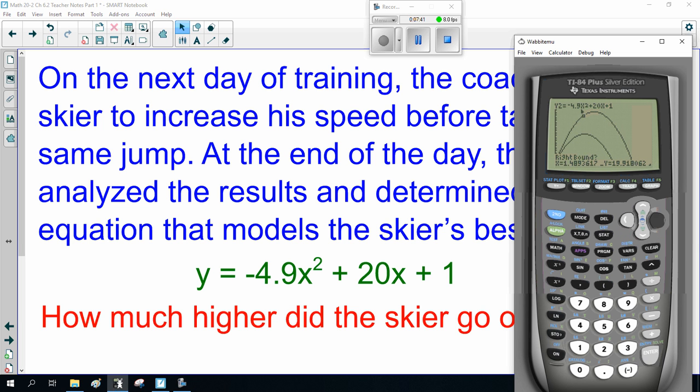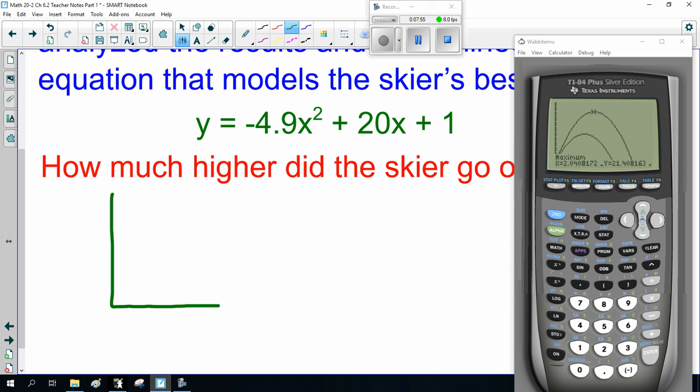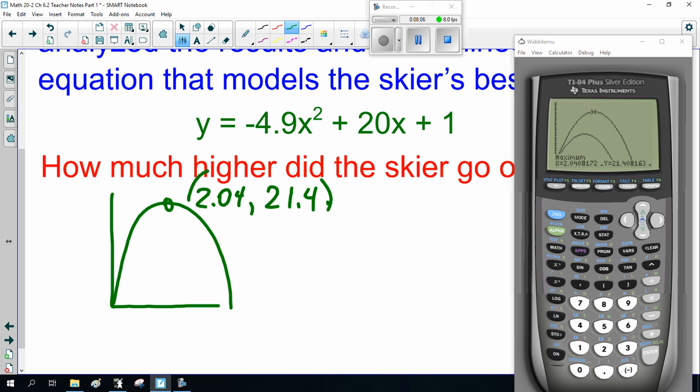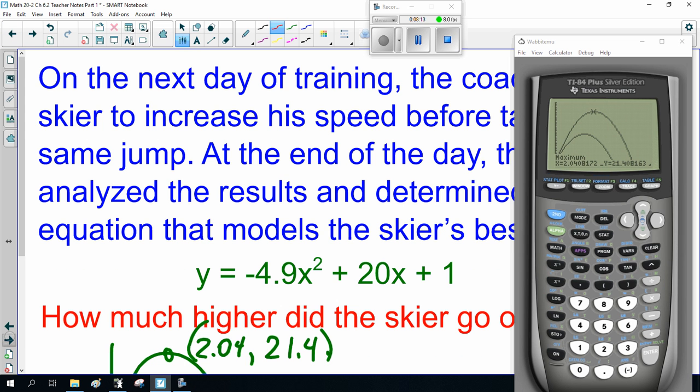Enter to the left. I want to get a maximum height at 2.04 seconds. I'm at 21.4. Now the previous equation was, I forget, 1.5 and 12.5.